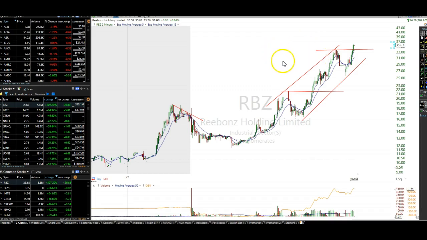So if you set all your alerts, not the channels but more the support and resistance levels, sort of 10 cents above or below where you want to trade, then when it hits that level, you can decide, okay, do I want to watch this closely and trade it, or do I just reset the alert and trade it at a later date?